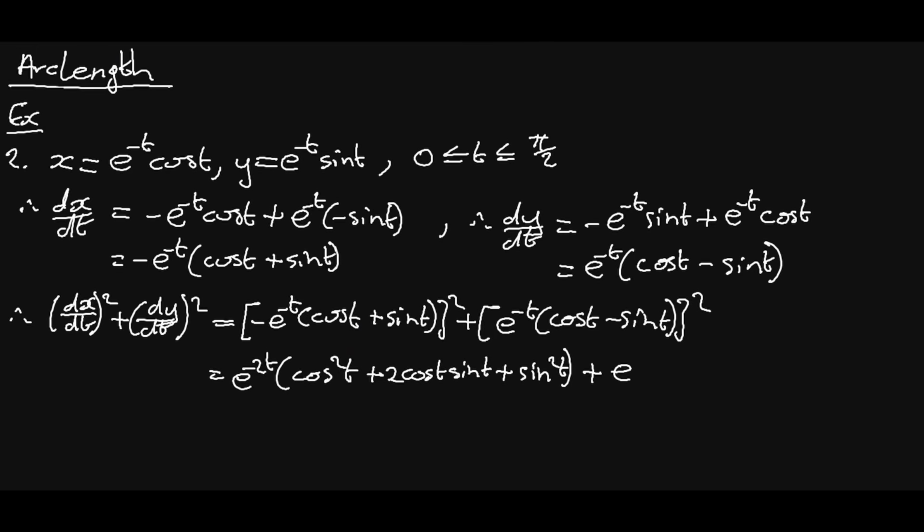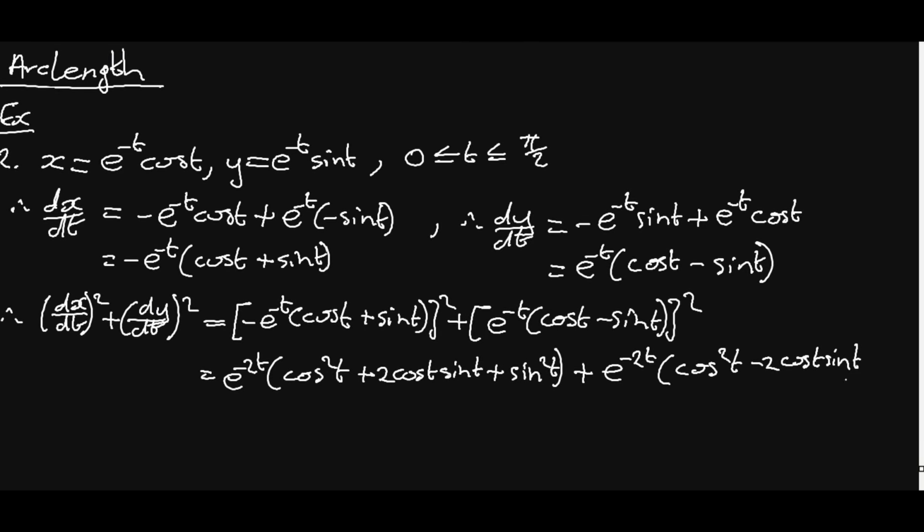So therefore we're having minus 2t again, so it's cos squared t minus 2 cos t sine t, plus sine squared t.